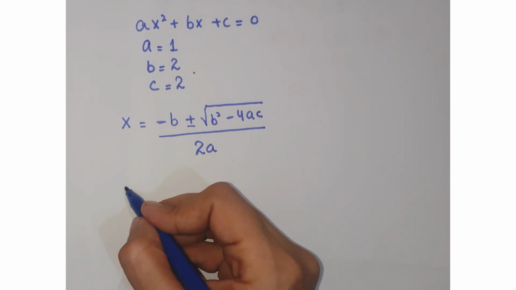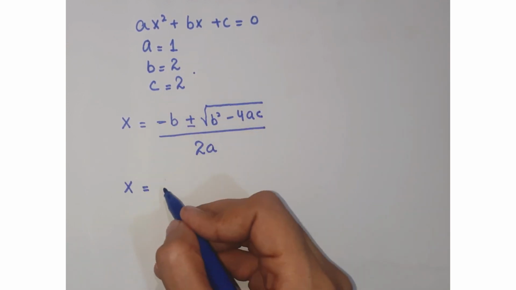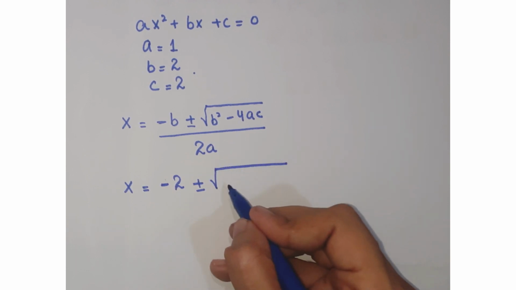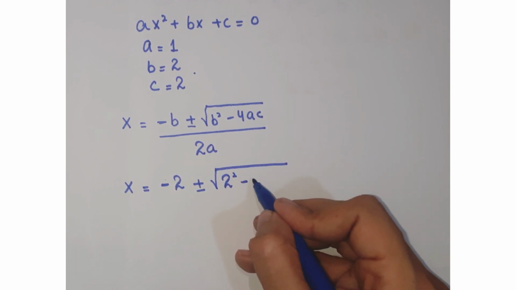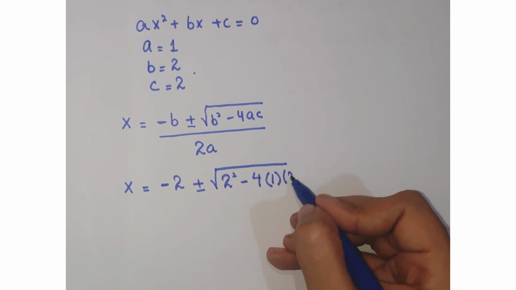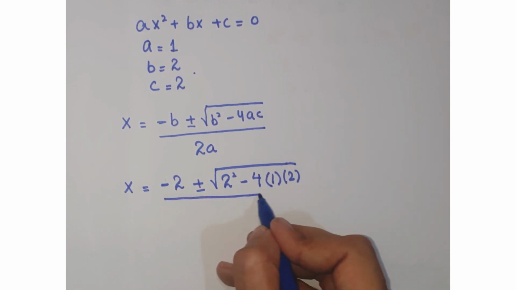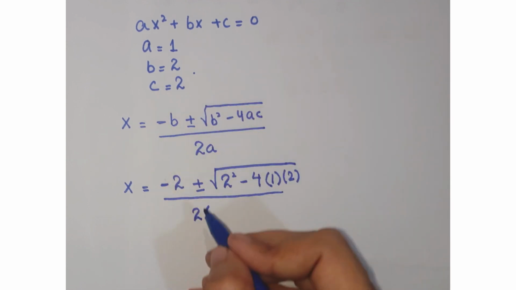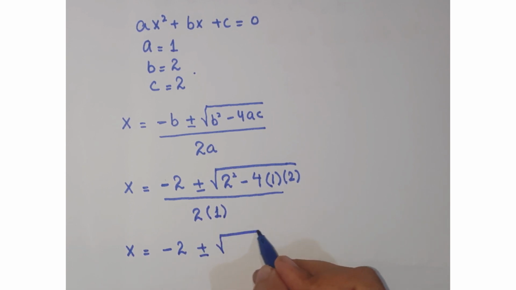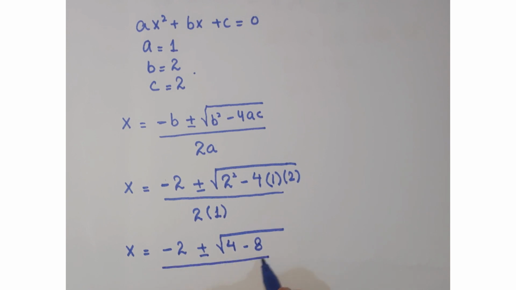So put the values that we have got, that is minus b plus minus under root b squared, that is 2 squared minus 4, a is 1 and c is 2, upon 2 and a is 1. Further you can simplify it: minus 2 plus minus under root, this is 4 minus 8 upon 2.